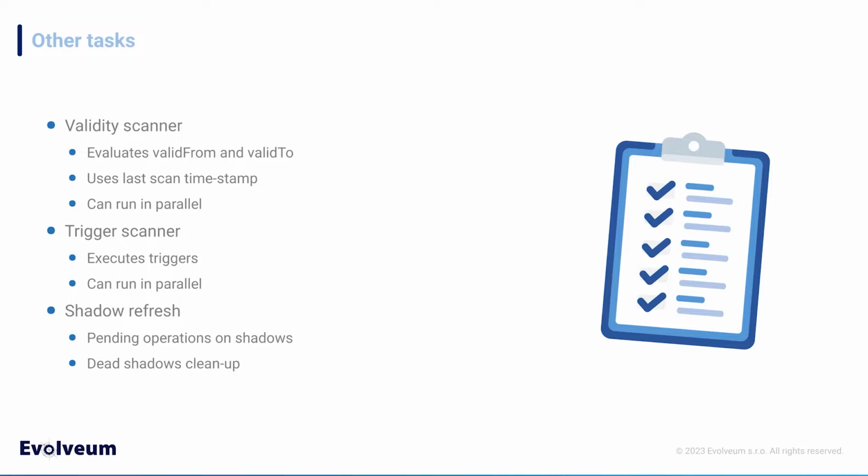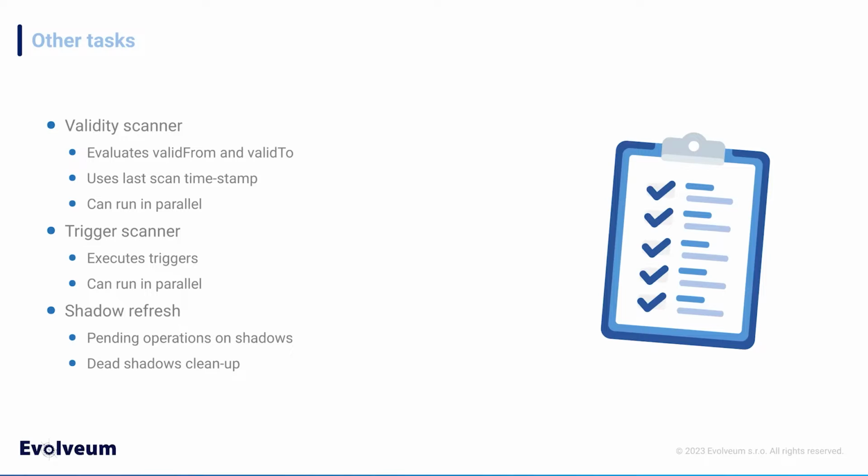There are some other notable tasks that I want to mention. First one is the validity scanner. This one is responsible for evaluating the valid from and valid to attributes. So if you set valid from and valid to, the validity scanner is basically querying all the objects which have these two attributes set. And when you reach the threshold, so let's say you have valid to and the current date and time is after that, it will invalidate the objects.